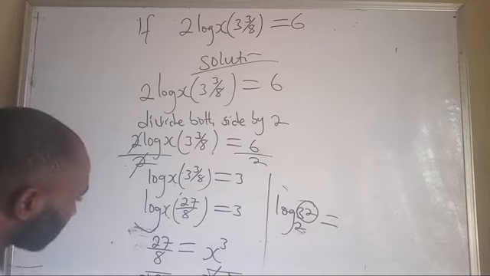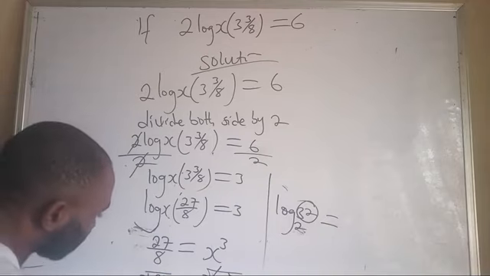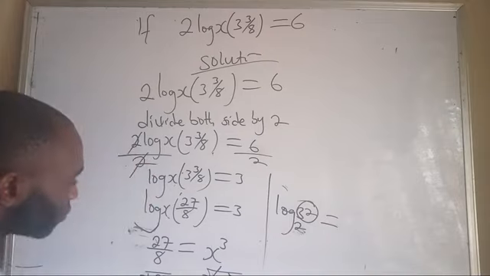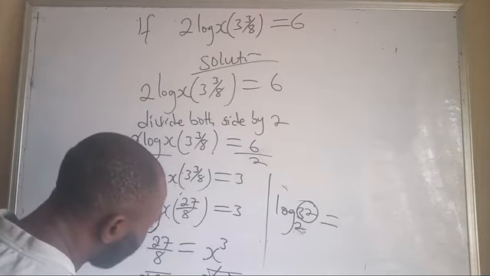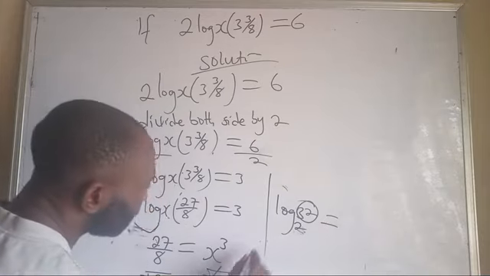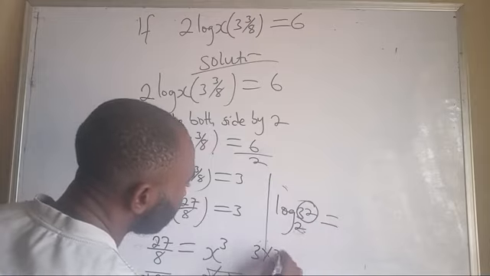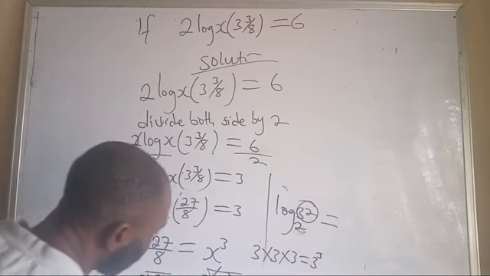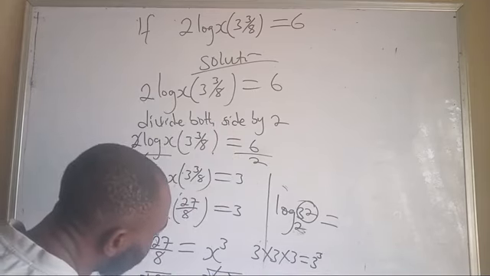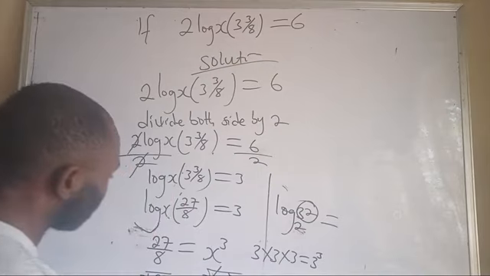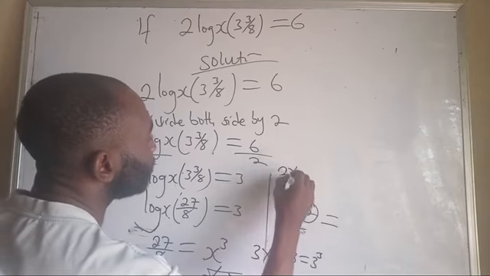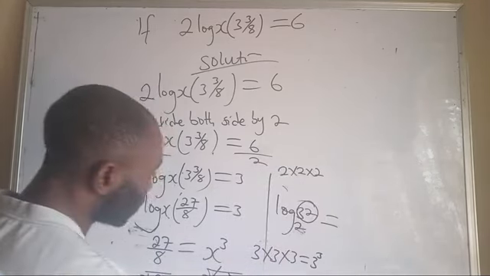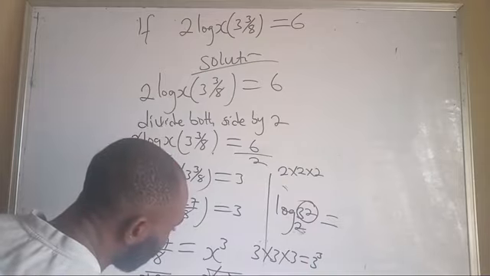And with that, we now have that x is equal to the cube root of 27, which means 3 times 3 times 3, the same thing as 3 to the power of 3, dividing by 8, which means 2 times 2 times 2. 2 times 2 is 4, 4 times 2 is 8, the same thing as 2 to the power of 3.